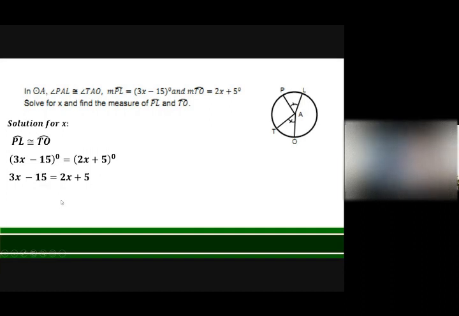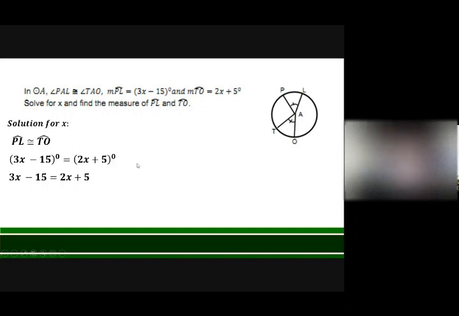Alam natin lahat na kapag gumamit tayo ng transposition method, yung sign nung term na ilipat natin ay nagbabago rin. So, kung ito ay positive 2x, kapag nilipat natin siya, it will become negative 2x. Kung ito ay negative 15, kapag nilipat natin siya, siya ay magiging positive 15.